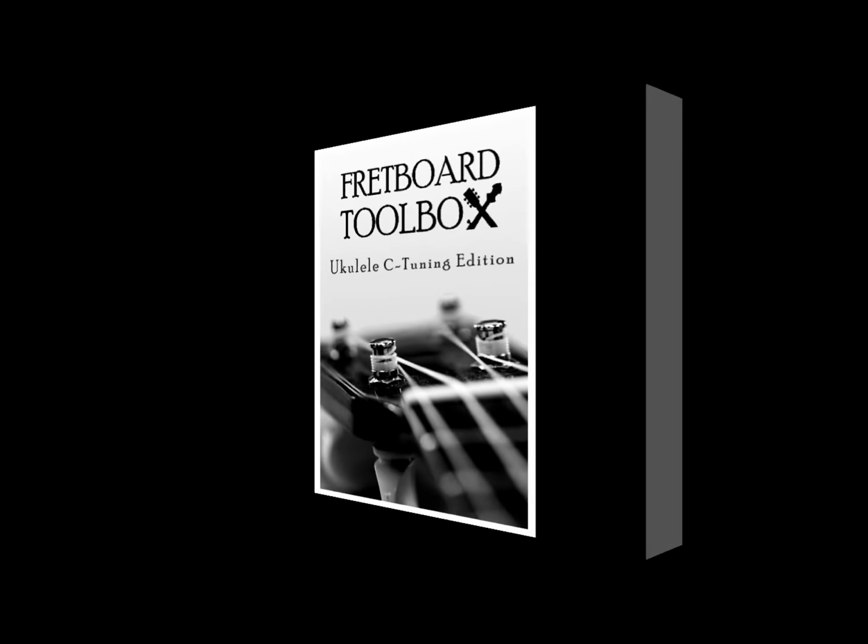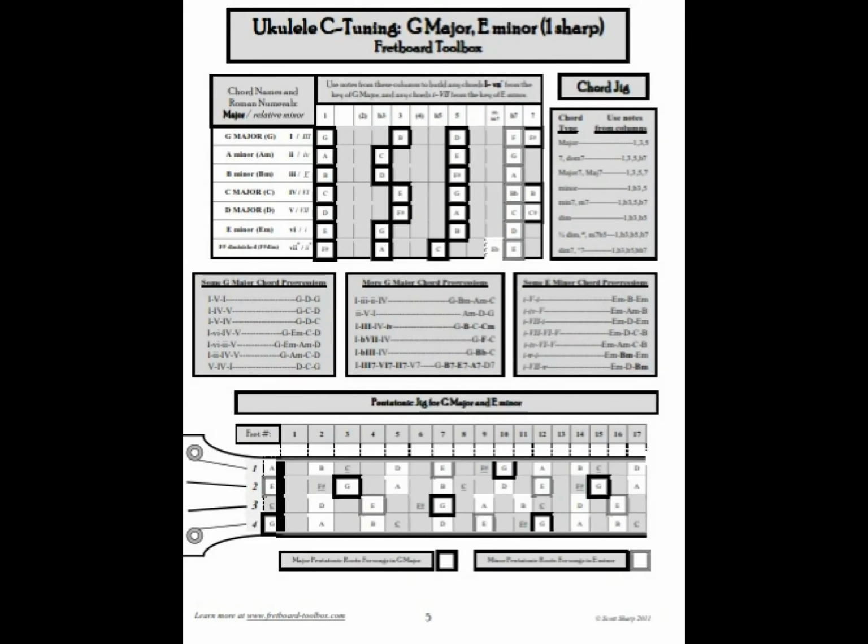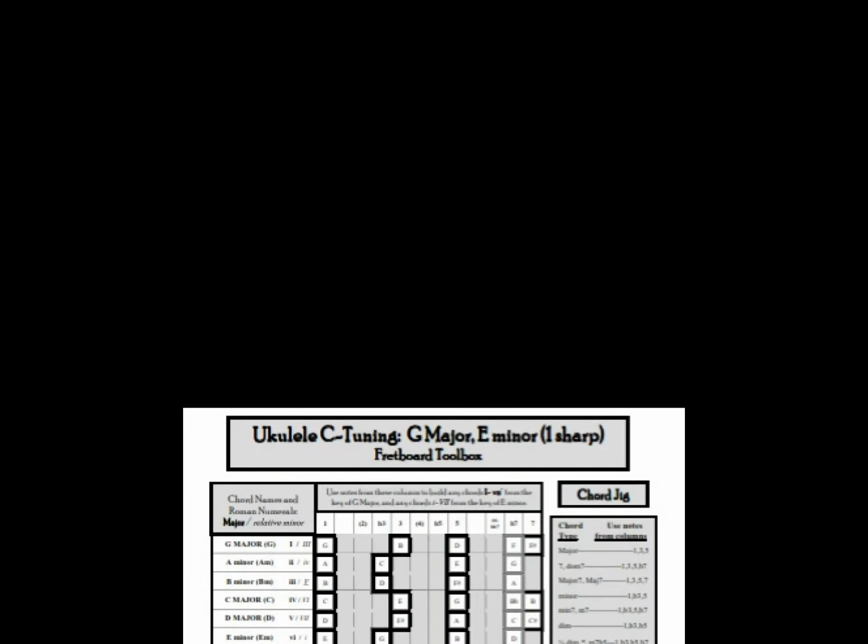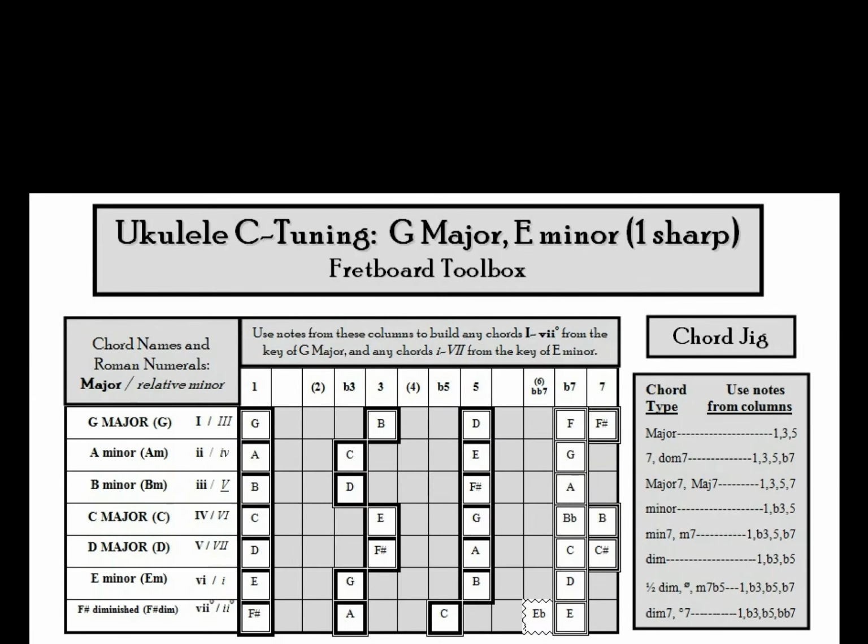Let's take a look. If you take a look at a Fretboard Toolbox Ukulele C Tuning Edition and turn to page 5, you'll see it's the G major and E minor page. Then if you take a look at the chords there on where it says chord names in Roman numerals on the chord jig, and then you look at the chords G major, A minor, B minor, etc., then you'll see that each one of those chords has a bold Roman numeral to the right of it.